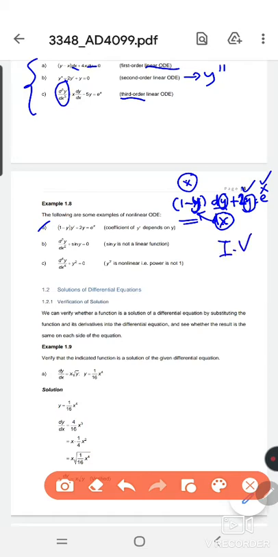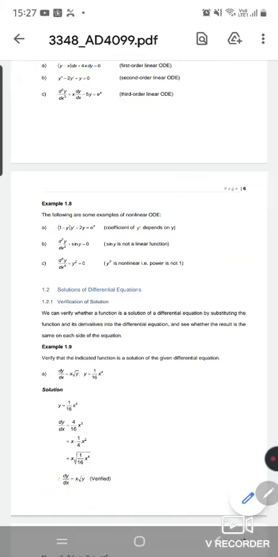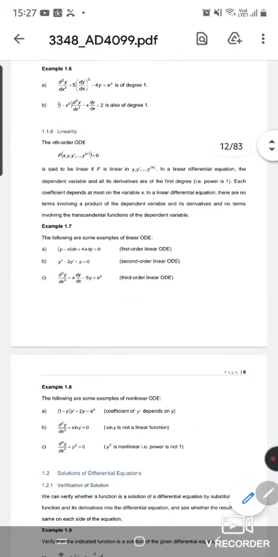Tapi dalam kes ni yang depan ni 1 tolak y. Dia adalah dependent sebab y tu adalah dependent. So that's why this is a non-linear ordinary differential equation. Sebab dia coefficient of y prime depends on y. Dia kena depends on x. Sebab kalau awak tengok definition kat sini, coefficient depends at most on the variable x.